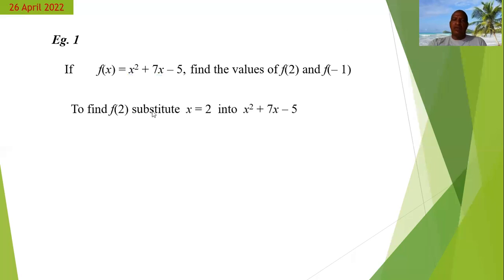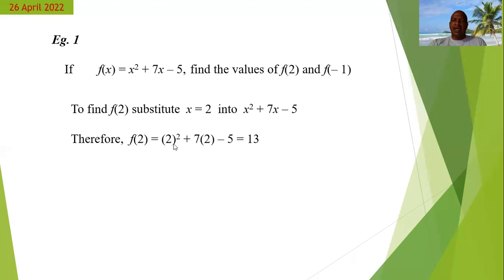So f of 2 means that you're substituting x equals 2 on the right-hand side wherever you have x. So in x squared, you're going to have 2 squared. 7x means that you're going to have 7 times 2. And then you minus 5.